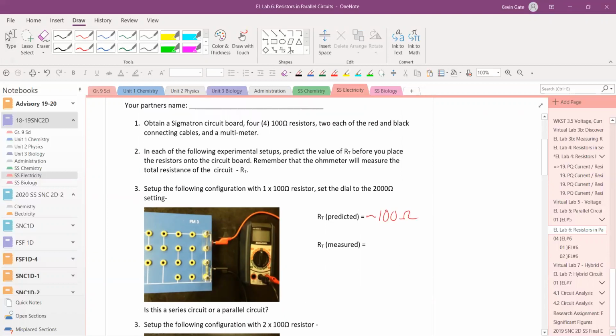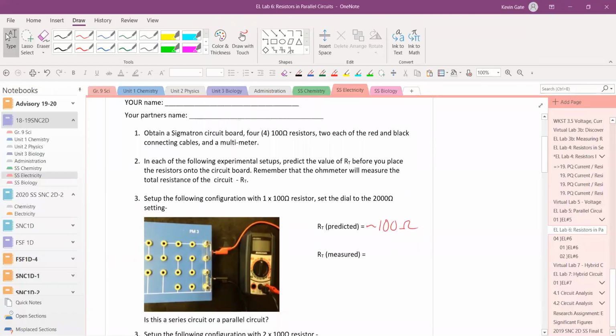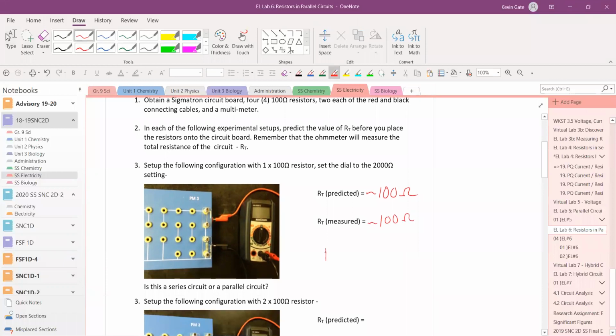And if we were to plug this in, we would find that a measured value would again be roughly 100 ohms. Nice and simple series circuit. In a series circuit, remember RT equals R1 plus R2 plus any other resistor up to infinity.